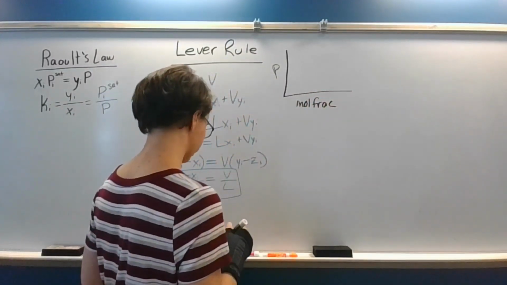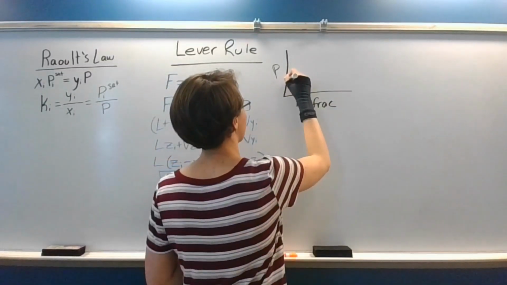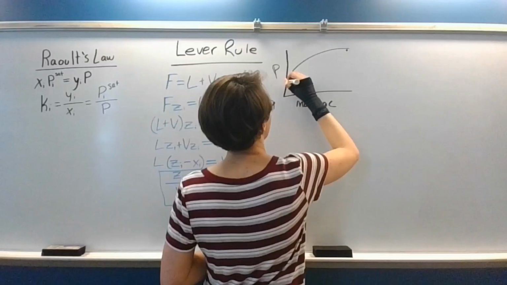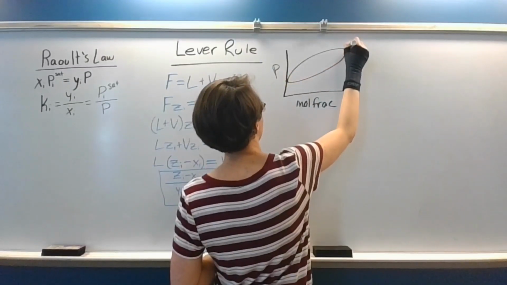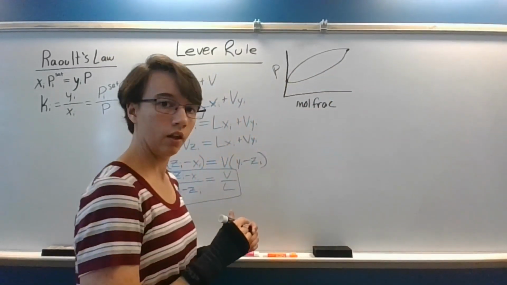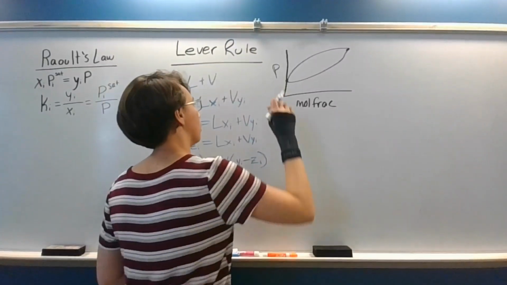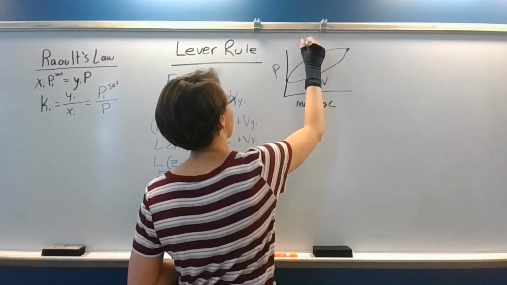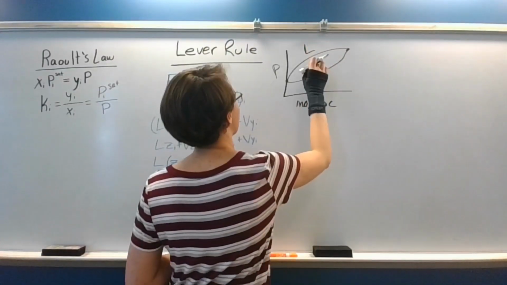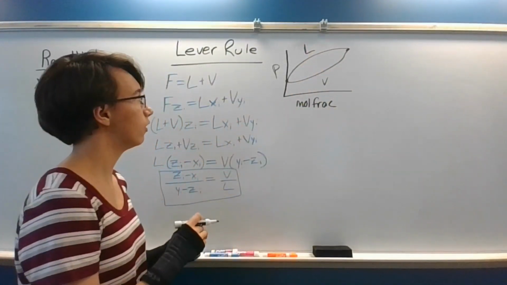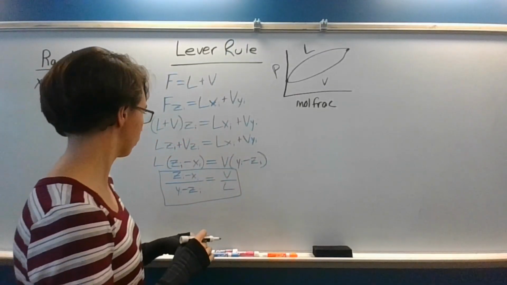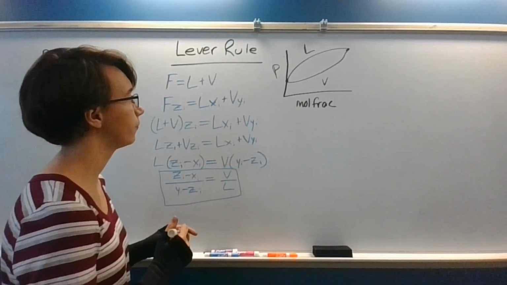And then we're going to have these two curves, going like that, and going like that. At low pressures, we have a vapor, at high pressures, we have a liquid. And in between here, this is where we have a mixture of liquid and vapor. And so that's where we're looking at this.